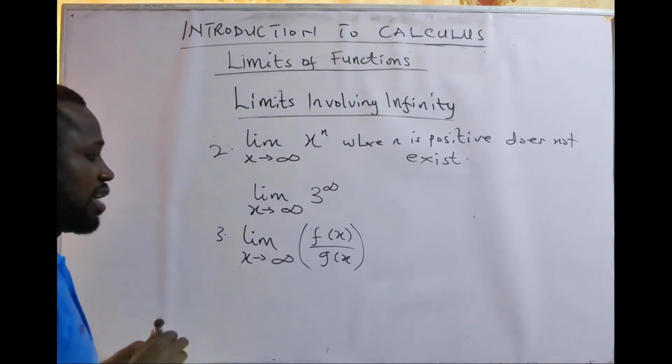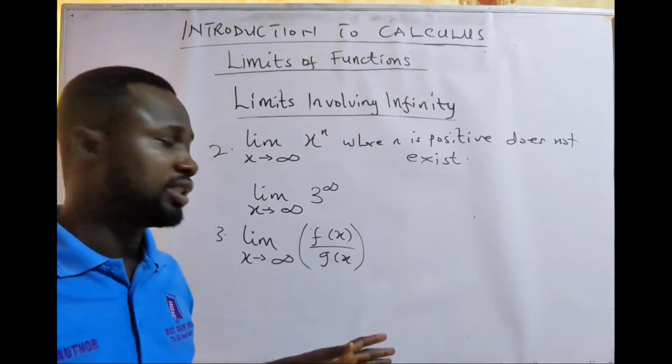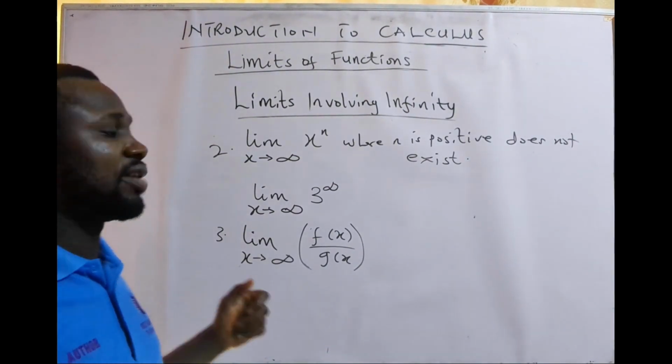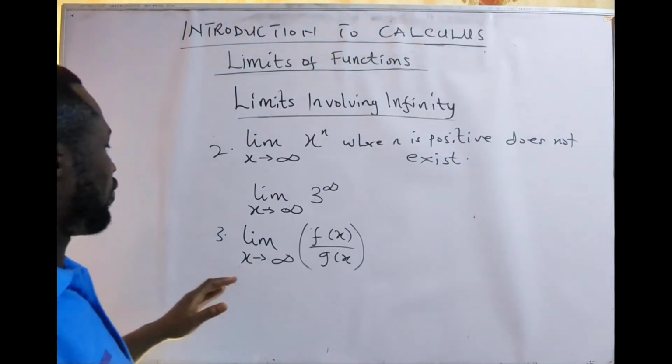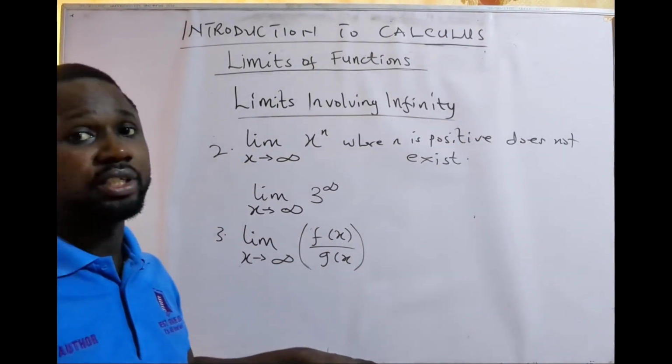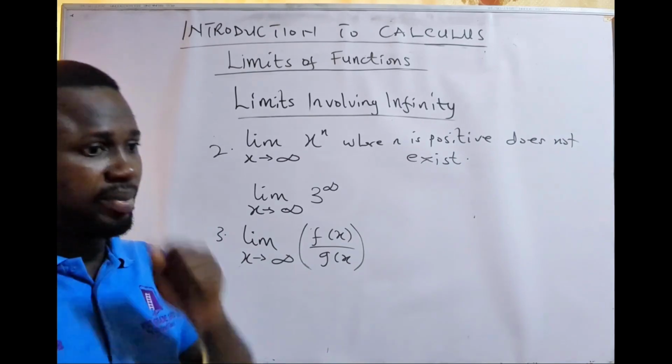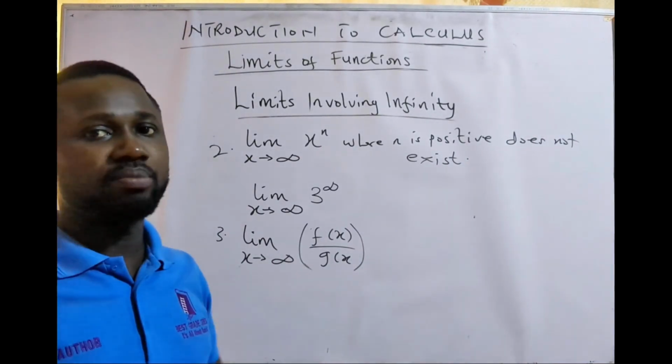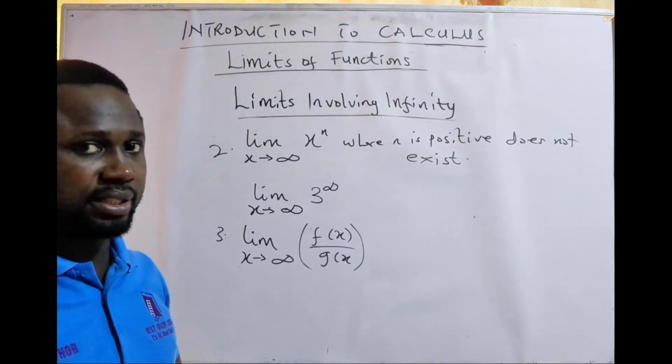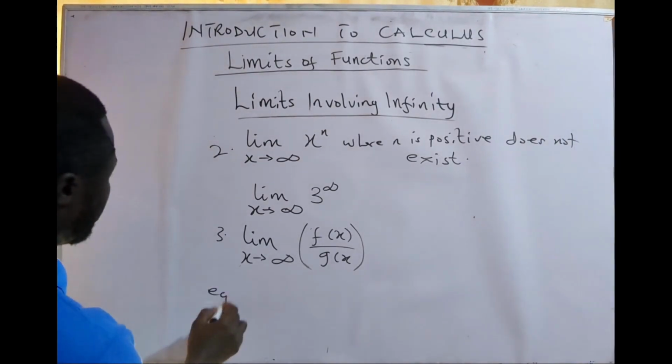With a rational function, to find the limit at infinity, you have to divide by the highest power of x. Let me give an example.